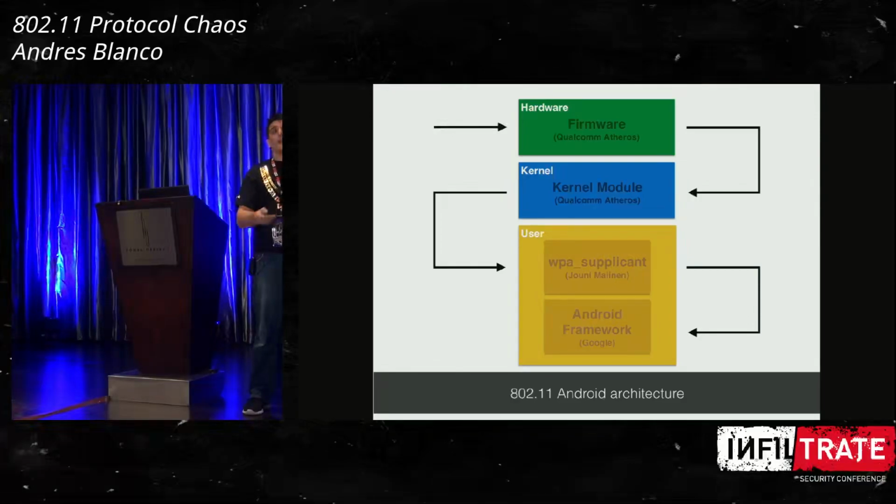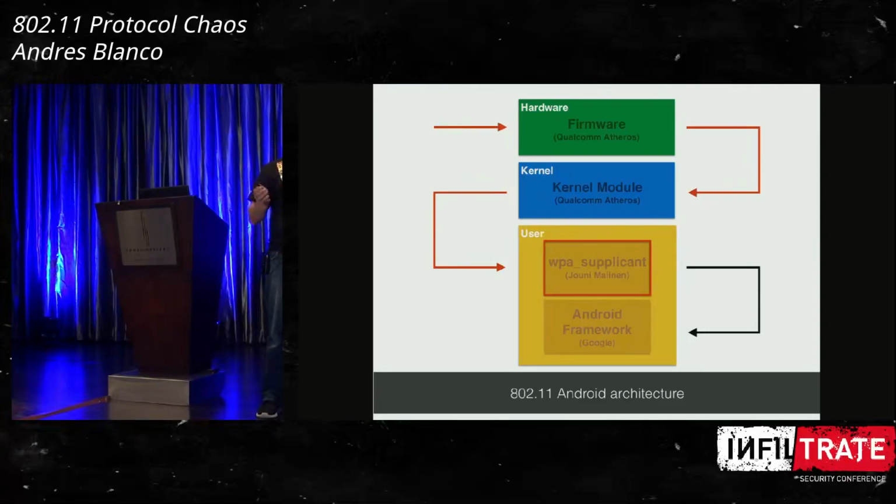Then we have the kernel, that could be a kernel extension, kernel driver, or any kernel module. And then in user land we have the WPA supplicant and the Android framework. The complex thing to understand here is that not everything is handled by one thing. We could have a frame that is first processed by the firmware, and the firmware can modify it, or block it, or do something about it.